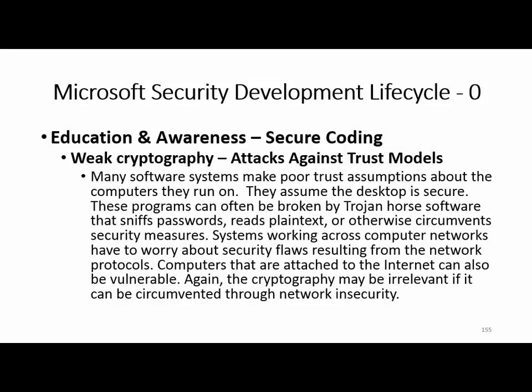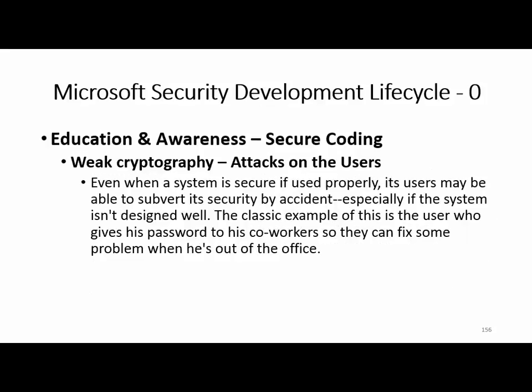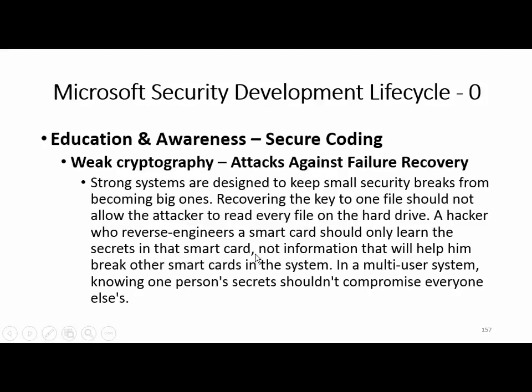They assume that the operating system will handle it and everything will be fine, for example. Even when a system is secure, the users may be able to subvert it either by accident or because they're malicious. As it says, the classic example is the user who gives their password to one of their co-workers so they can fix some problem while they're out of the office. Stuff like that does happen.